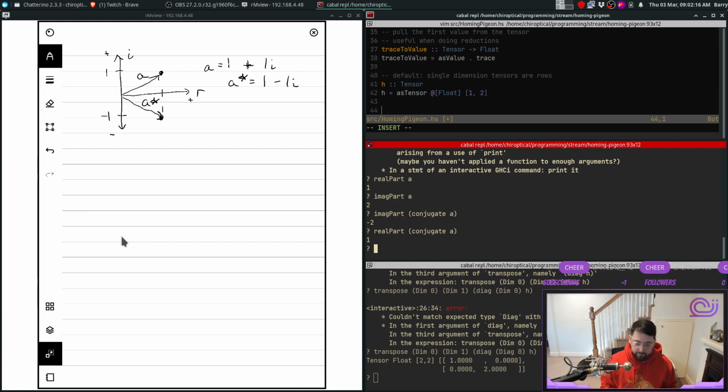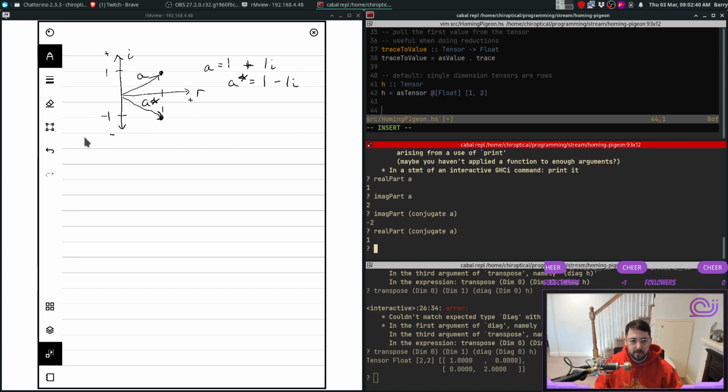You don't really have to write the 1, but that's essentially what the conjugate is. Is this mostly readable? Hopefully. And obviously you can have negative real numbers. I just avoided that to simplify the picture.